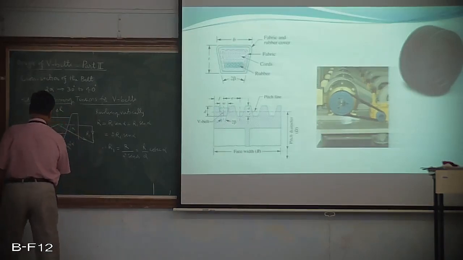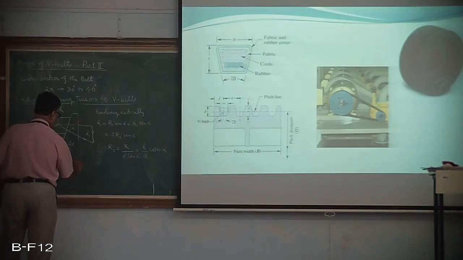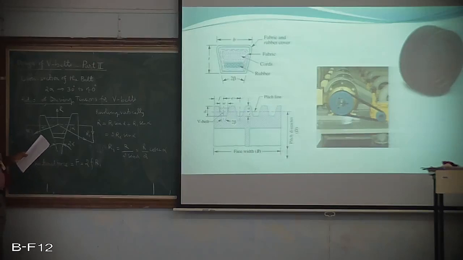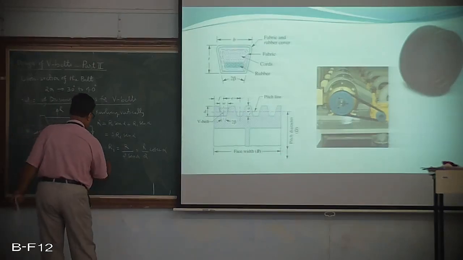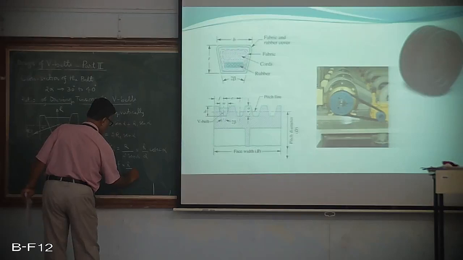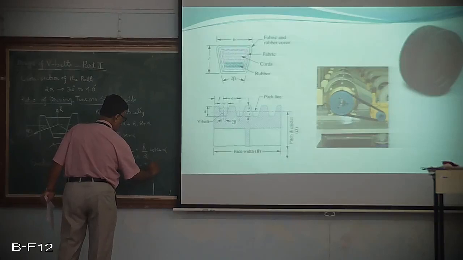Therefore, the frictional force is always equal to F equal to 2 times mu R1. This is what we need to find out. If we substitute R1 as R upon 2 sin alpha, the 2 cancels, and what you get is R into mu upon sin alpha.